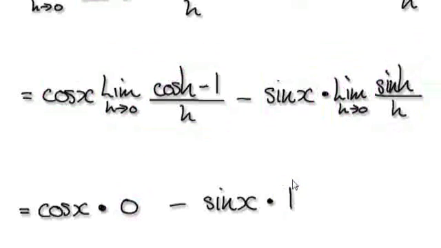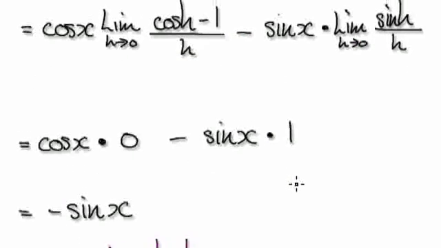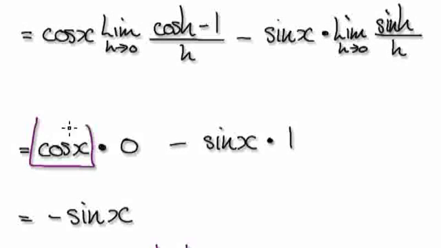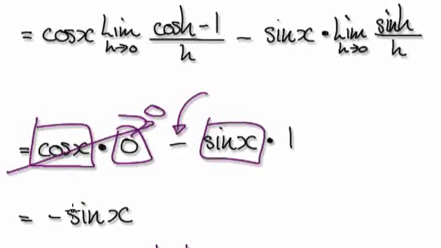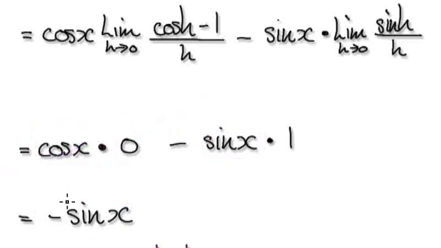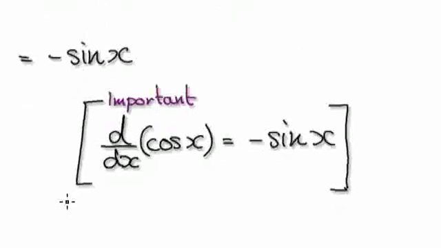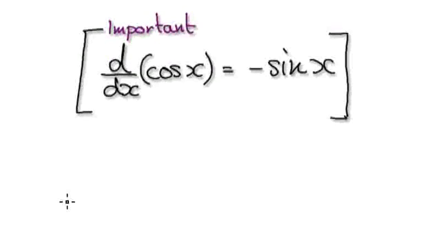So it would then become cos of x times 0, that's 0, leaving you minus sine of x. So the derivative of cos of x is simply minus sine of x.